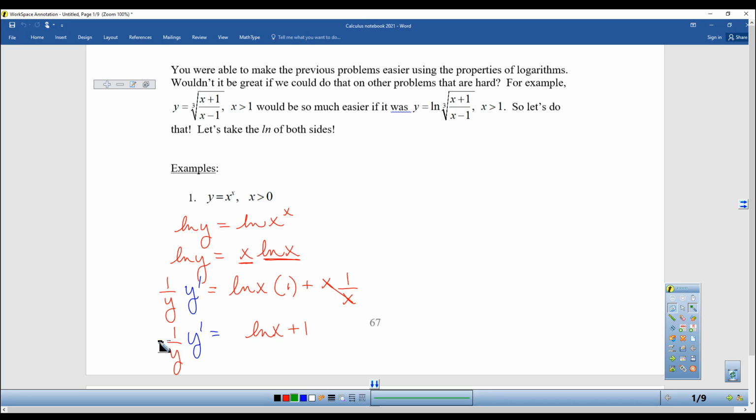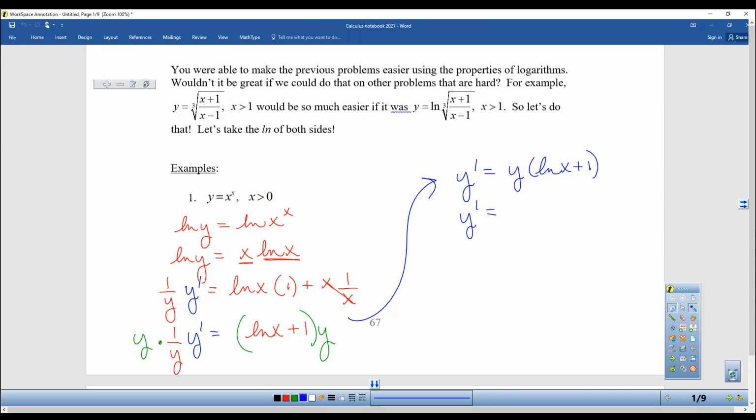So I can multiply both sides by y. There are two ways. I'm just going to move this up here. So y prime is equal to y times (ln of x plus 1), or sometimes so that it only has x's in the equation. Since y is x to the x, people will change it to this, but both answers are acceptable.